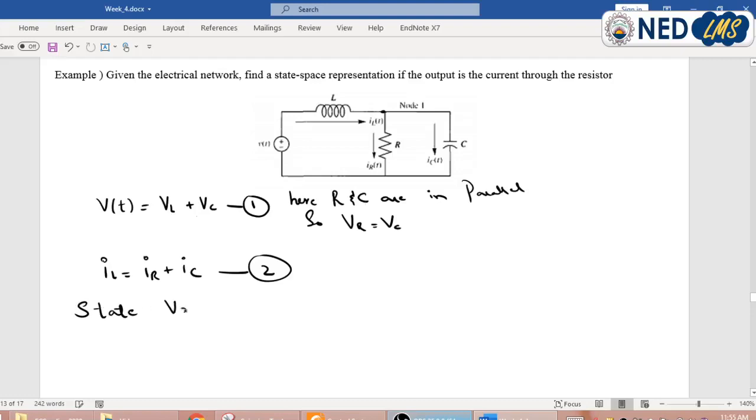The state variables are x1 is equal to the inductor current IL. Similarly, x2 is basically the capacitor voltage here.